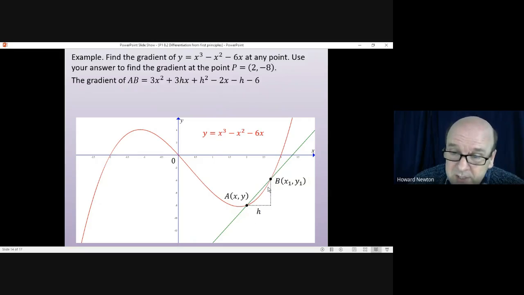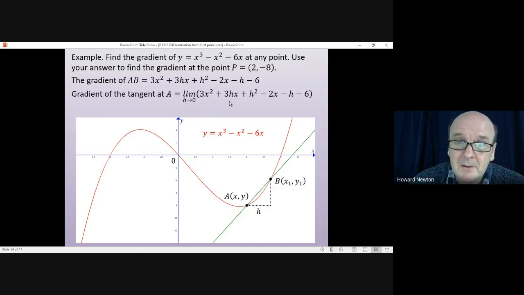What we're interested in is what happens as B gets closer and closer to A until it's actually on top of A, and they're the same point. Now in formal mathematical language, this is what we're doing. The gradient of the tangent at A is what happens when B reaches A. Well, B will reach A when h becomes equal to 0.